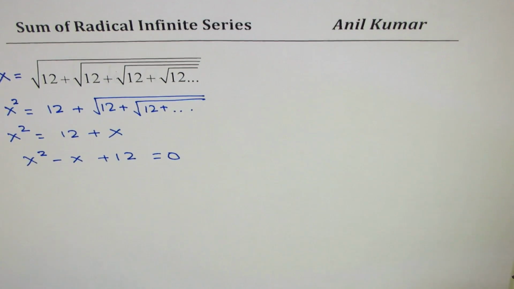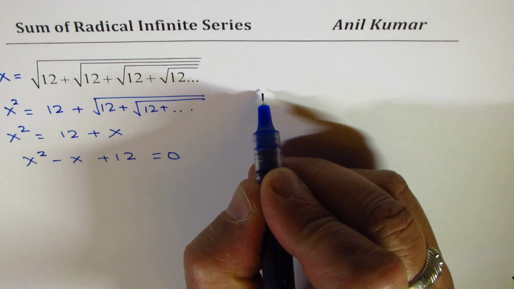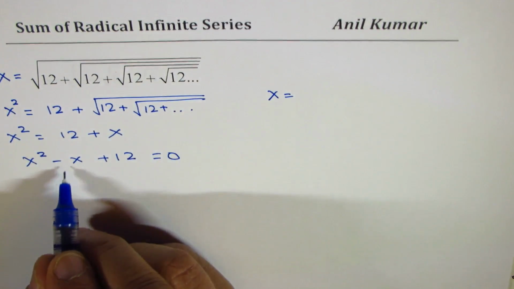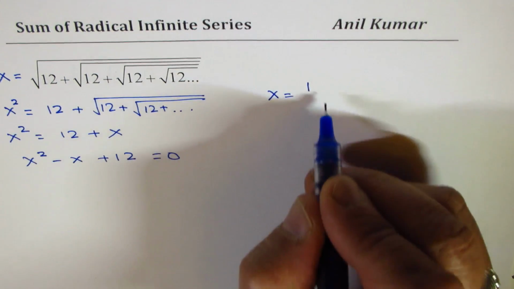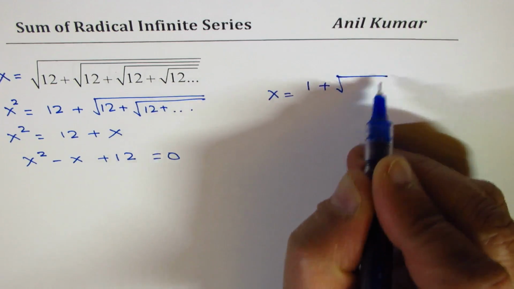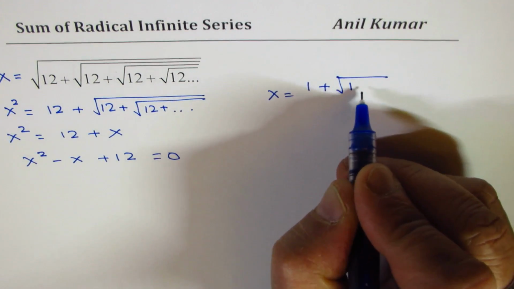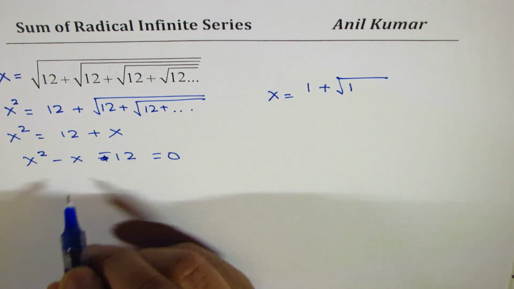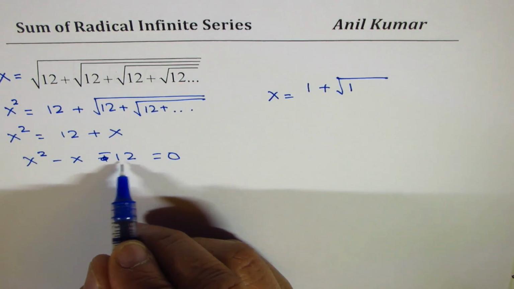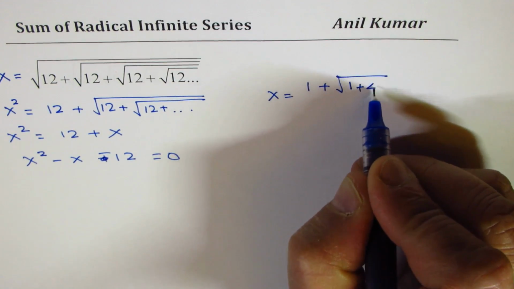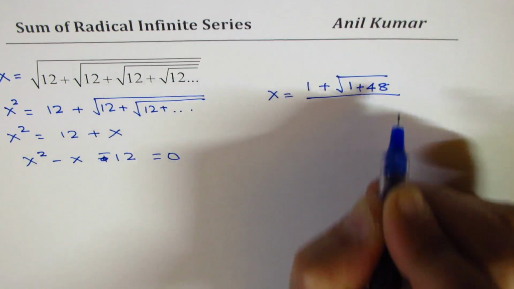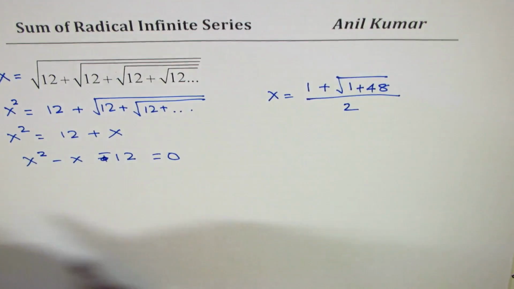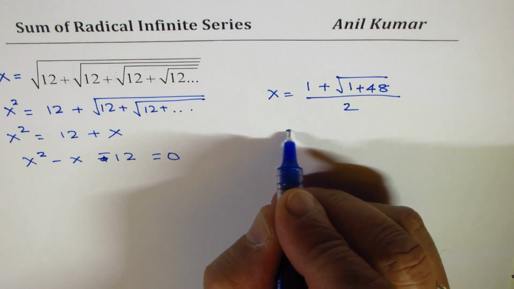So we have the equation x squared minus x minus 12 equals 0. Now if you want, you can apply the quadratic formula, which is x equals minus of minus 1, which is 1, plus minus square root of b squared, which is 1, minus 4ac. I'm sorry, this is minus 12 when you bring it this side. So 4 times 12 is 48. So we get plus 48 over 2, twice a, right? And you can solve, get your answer.